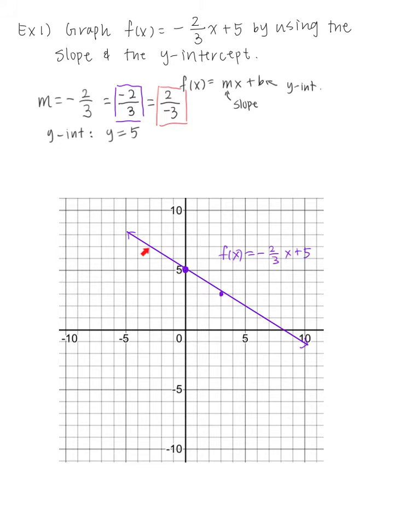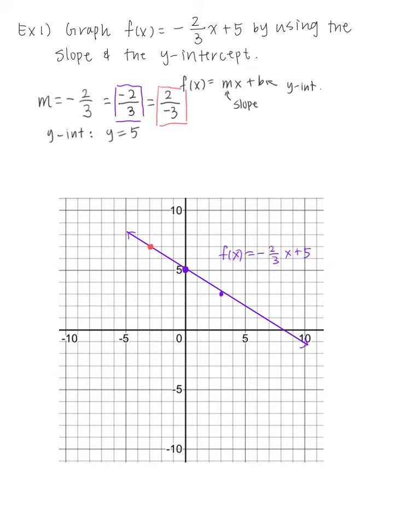Now, do you see that after I perform the rise over run, the point that we just got is going to be right here, which also lies on the same line. So if you're given a negative out here, it doesn't matter which way you toss your negative. You can either toss it on the top or toss it on the bottom.